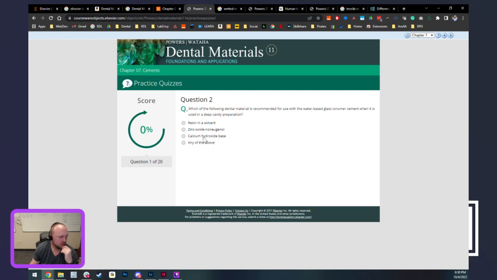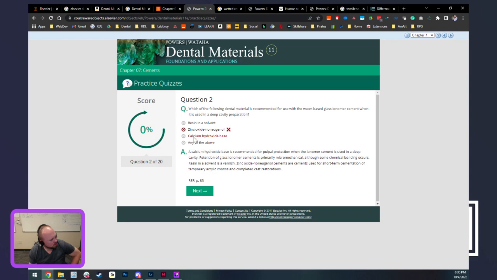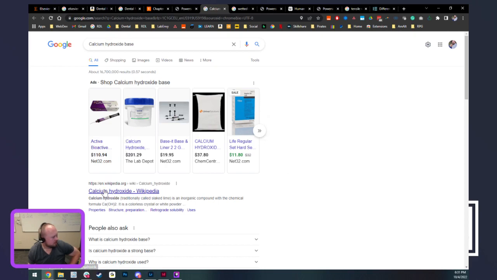That would be the ZOE. Water-based glass ionomer cement when it is used in a deep cavity. We just read that ZOE. I don't understand something, so we're gonna find it out.